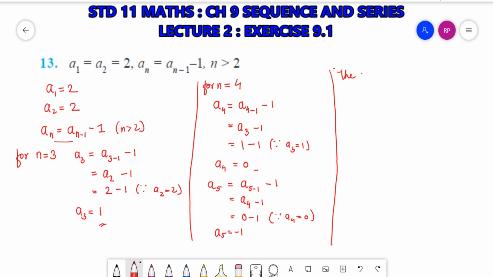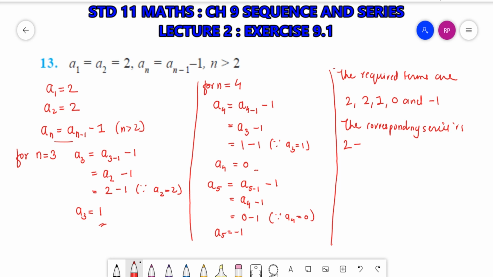The required terms are A1 that is 2, A2 that is 2, A3 that is 1, A4 0 and A5 minus 1. And the corresponding series is 2 plus 2 plus 1 plus 0 plus minus 1 and so on.